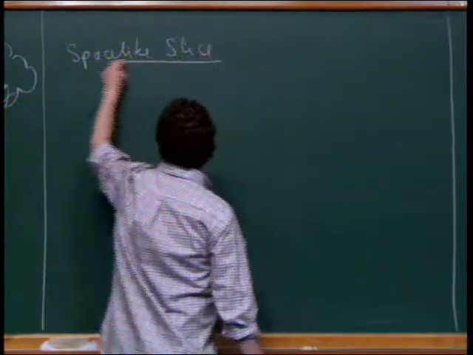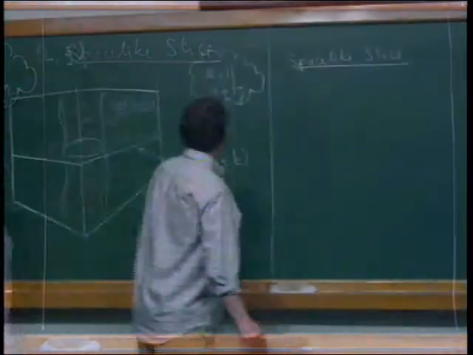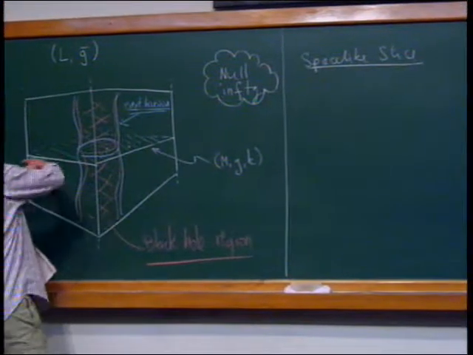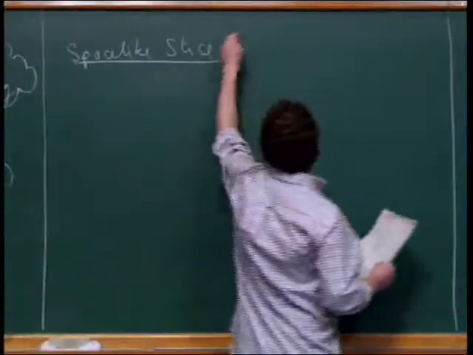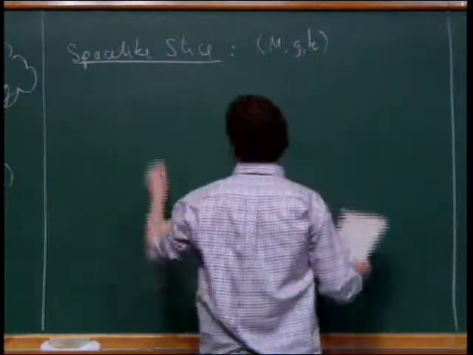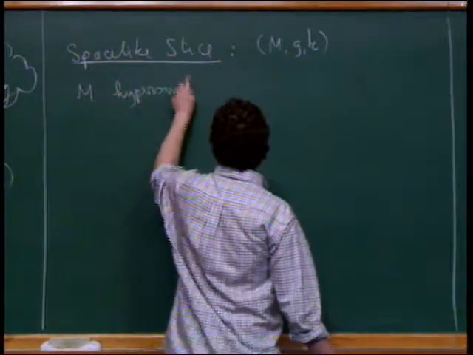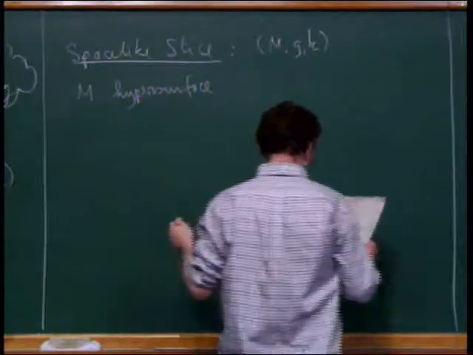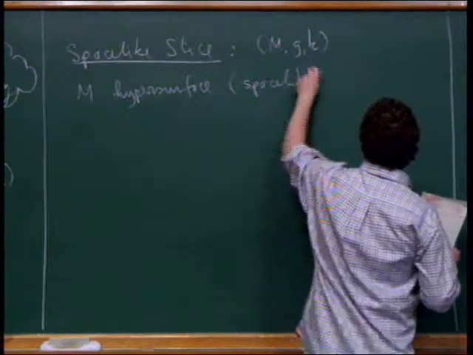So we're going to think of this as some (M, g, K). Keep in mind you have a slice of space-time. This is a triple (M, g, K), where M is a hypersurface. Furthermore, we require it to be space-like. What does that mean?